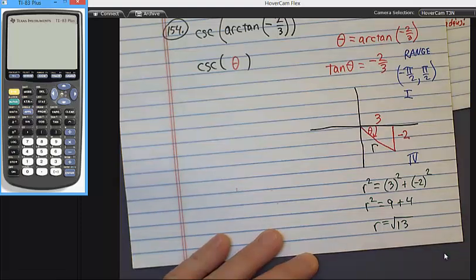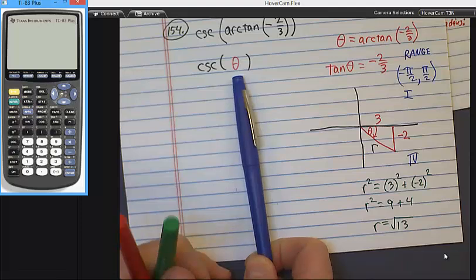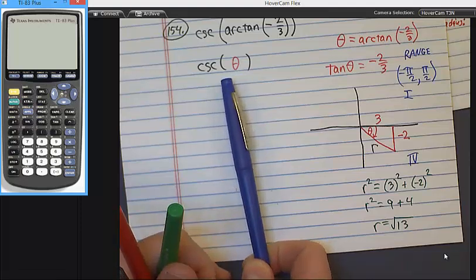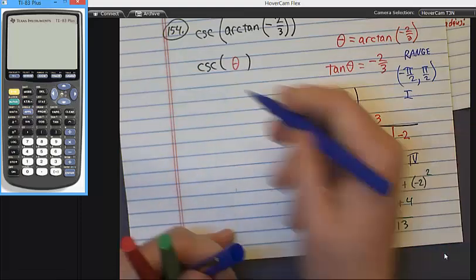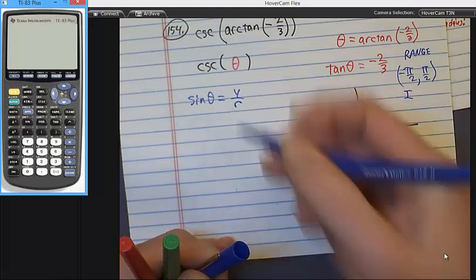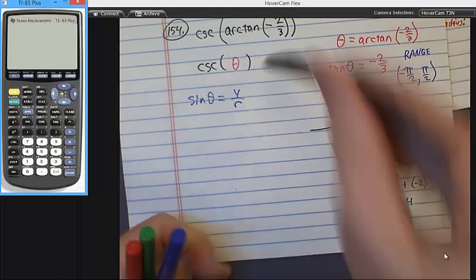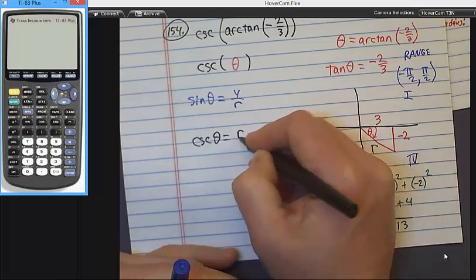All right? And now, cosecant of theta is what I'm trying to find. That's the reciprocal of what? Sine. Yeah. And I know that the sine of theta is always y over r. But we want the cosecant of theta, which would be r over y.